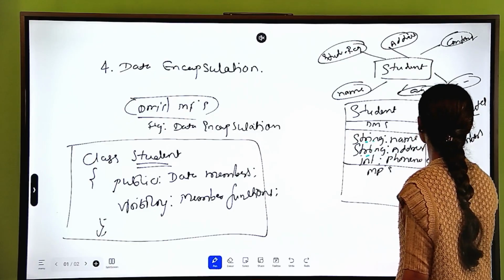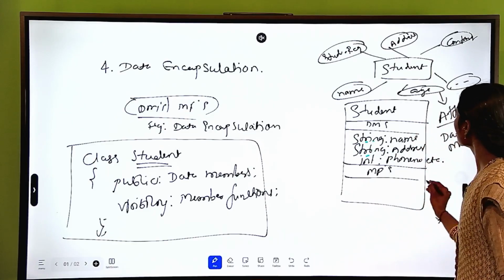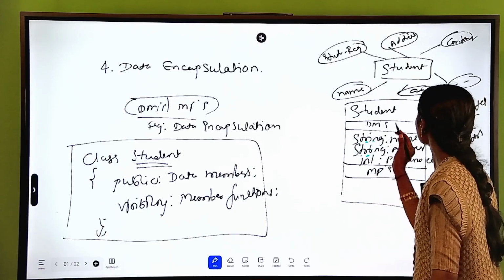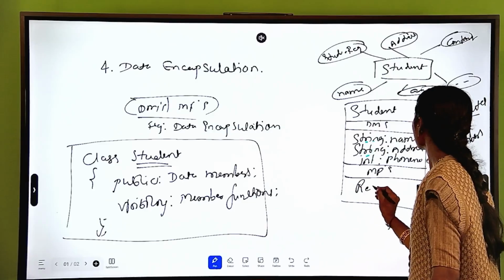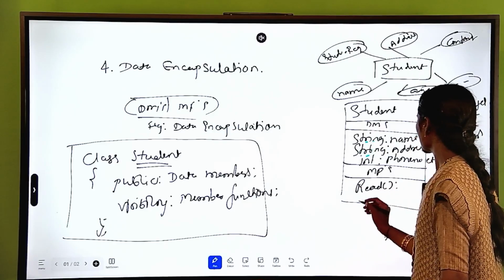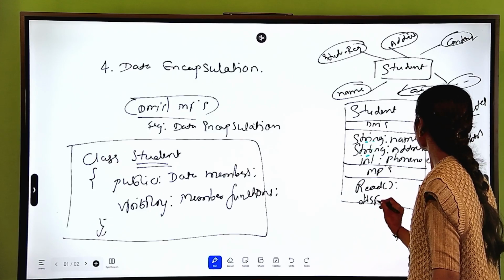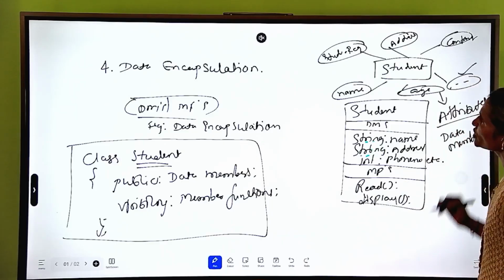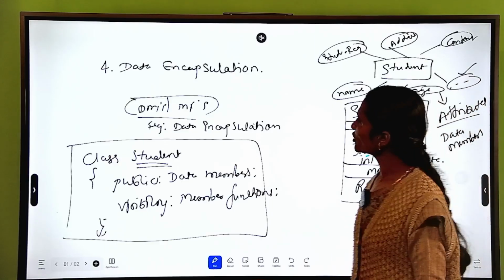Similarly, when it comes to member functions, which perform the operations, again with a visibility mode, you are reading the data and displaying the data. The operations we perform on these attributes are called member functions.